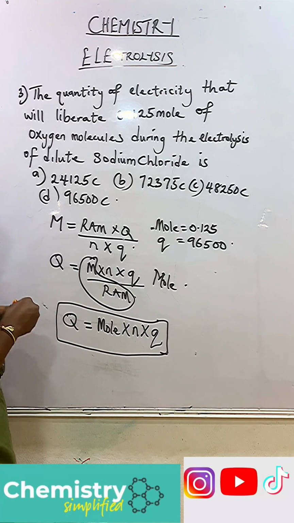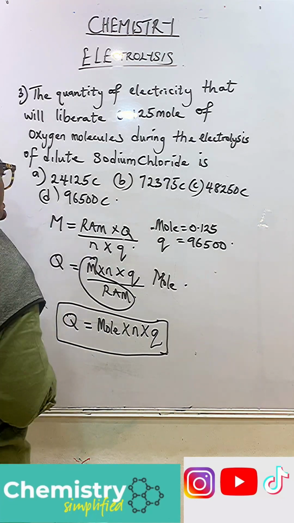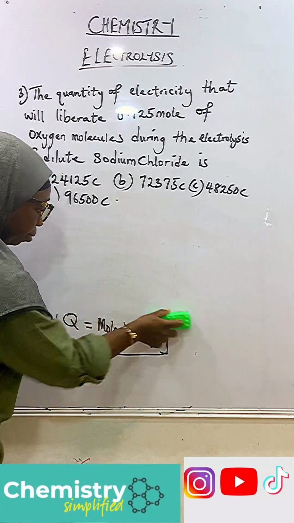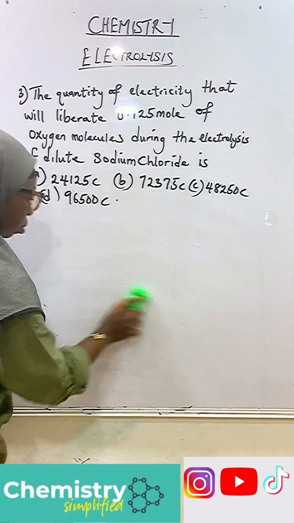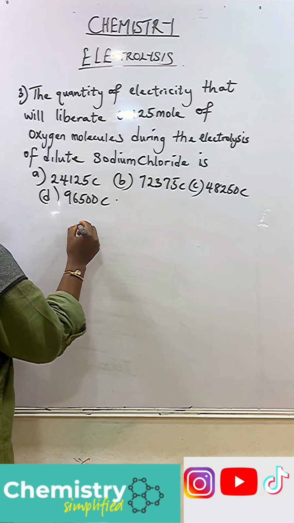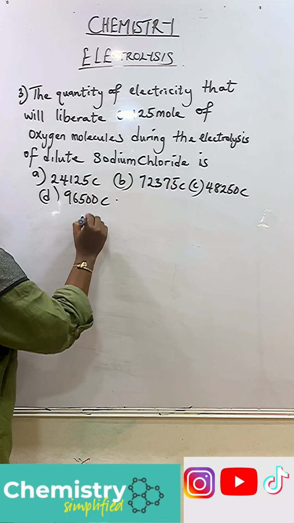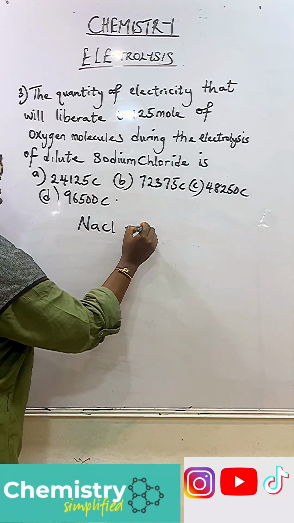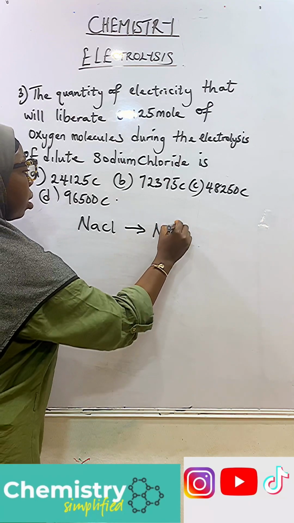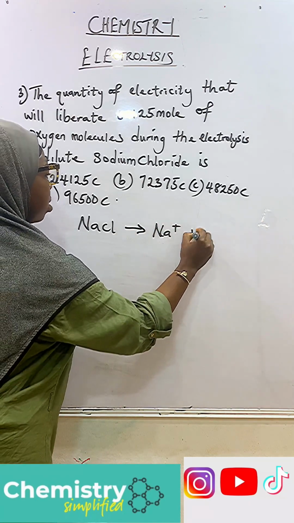That will take us quickly back to the electrolysis of sodium chloride itself. Remember, normally sodium chloride will dissociate or break down to Na plus and Cl minus.